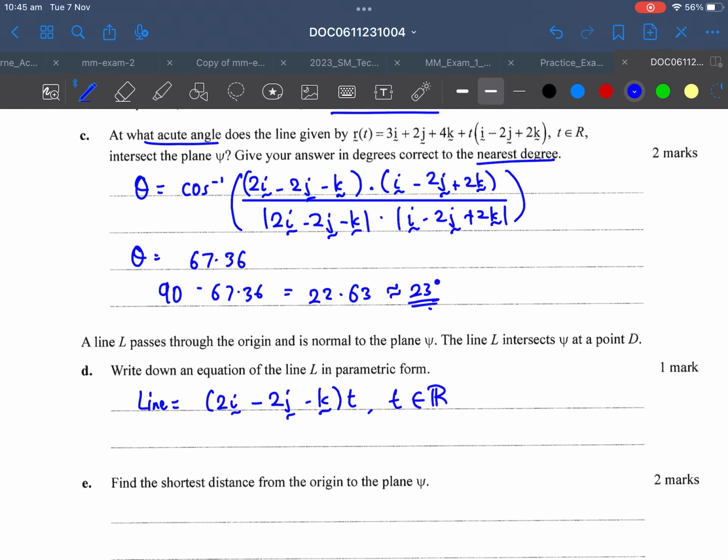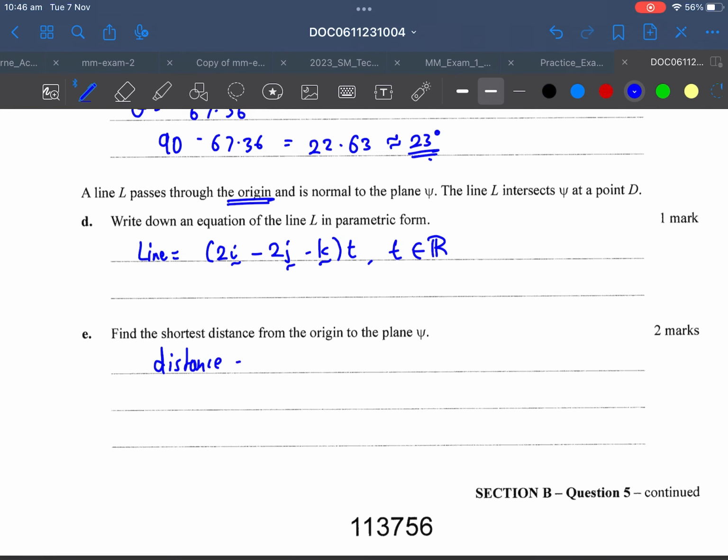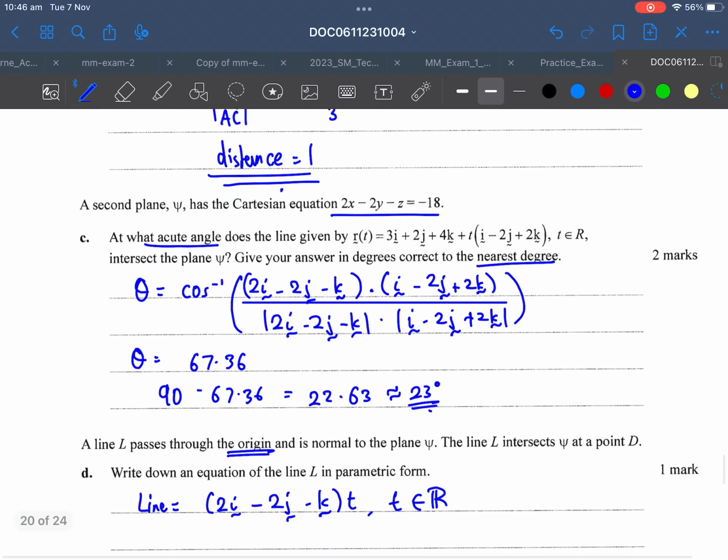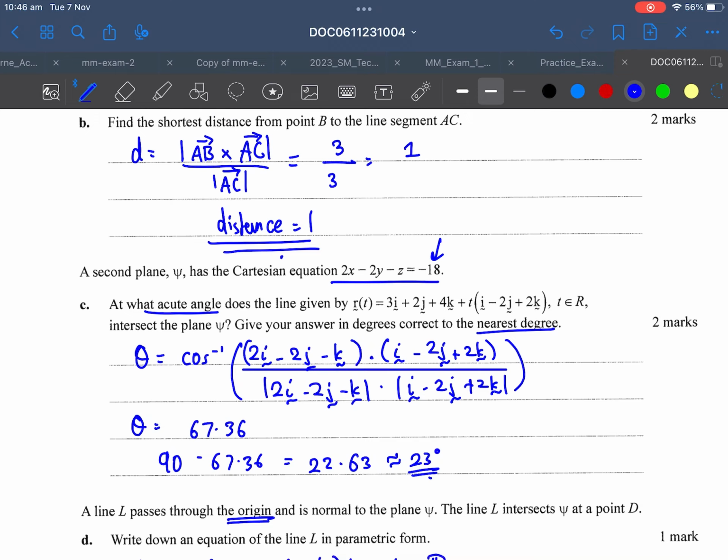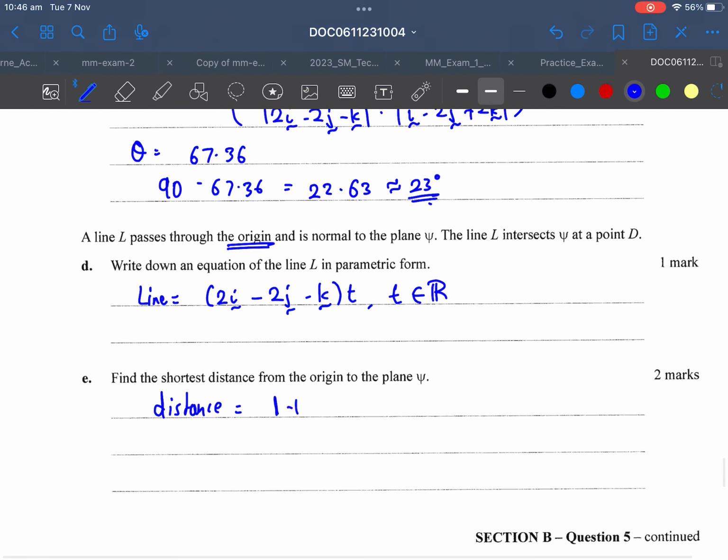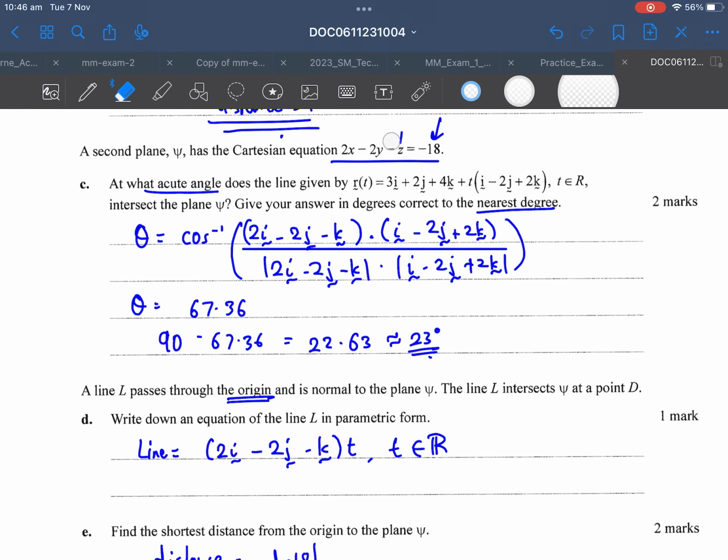Now I have a formula for this as well. So here the distance is going to be the modulus of minus 18 over the magnitude of 2 squared plus 2 squared plus 1 squared, and all of these are just the coefficients of x, y, and z.